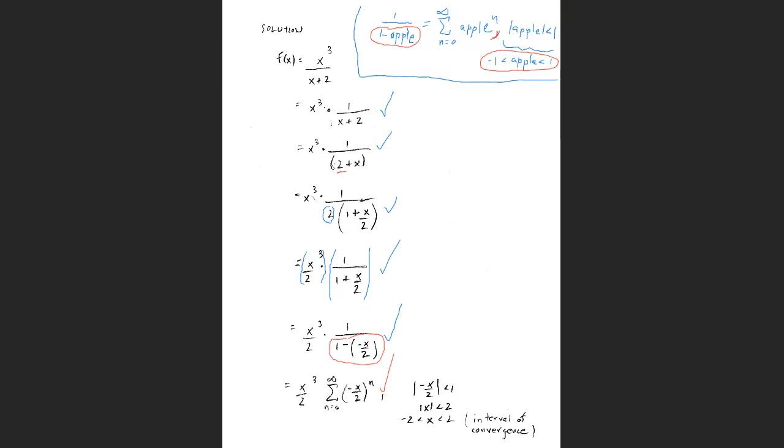Is everybody okay with this part here? All I'm doing for that part is applying the apple formula. And of course, I need to identify my interval of convergence. Well, the absolute value of the apple is less than 1.